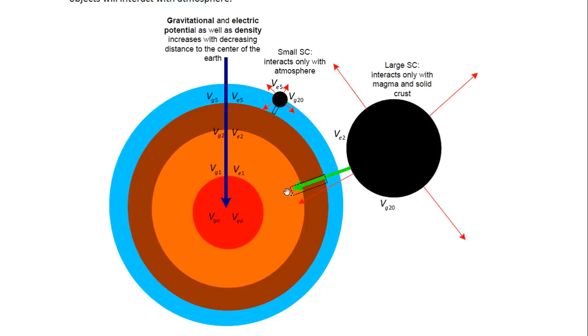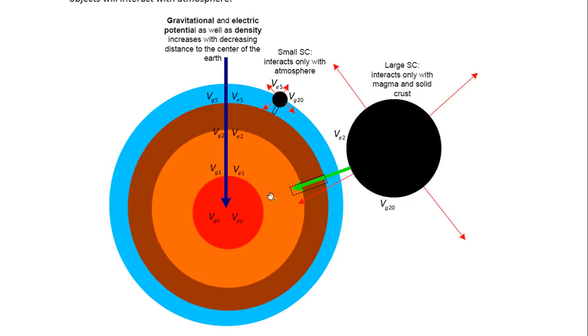And so it will interact with that matter, and these are the objects that then will produce the sinkholes, whilst smaller stellar cores will have a smaller electric potential, and that will be equivalent to matter that is in the atmosphere. So they only interact with matter in the atmosphere. And the gravitational potential is severely depleted, so I made them both VG20. So these smaller objects only interact with the atmosphere, and these objects will interact with the magma.